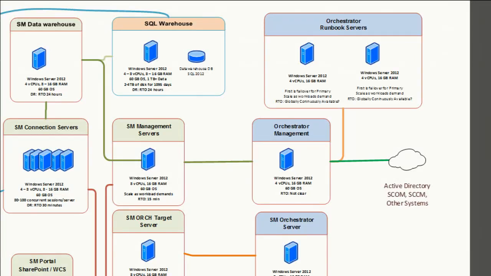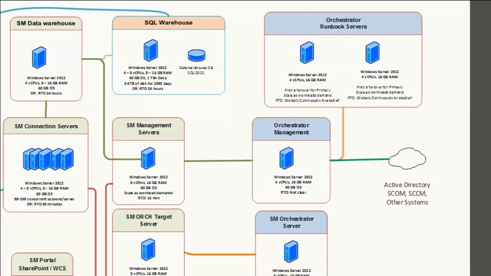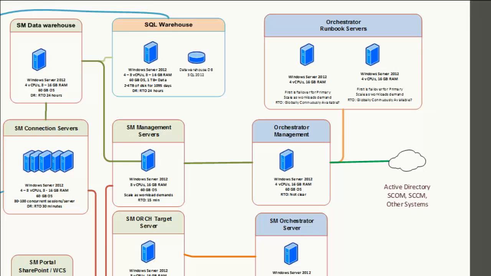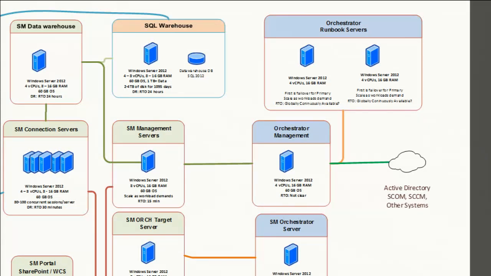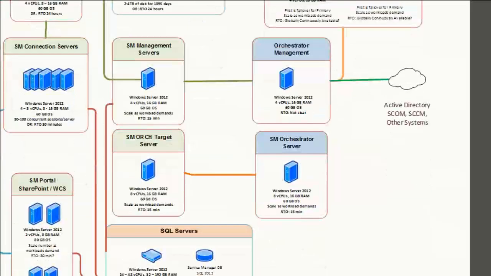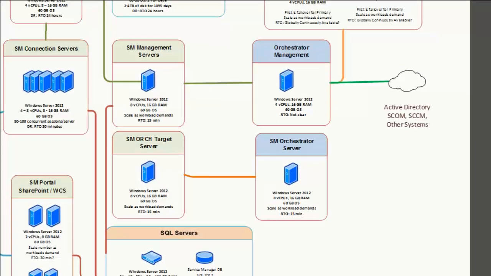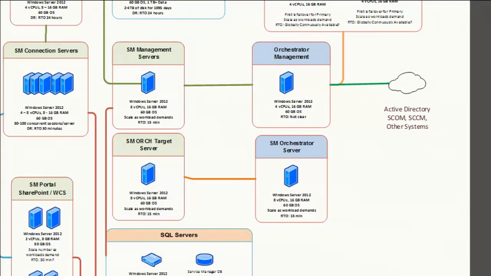But what you'll notice is that achieving scalability in that space is very difficult. So what we did is we broke out our orchestrator servers based upon what they're doing. In this particular case, you can see that I have an orchestrator management server that links to runbook servers. So I have a segmented management server that then goes and executes these runbooks at different places. But I also have an orchestrator server whose job it is to run some of my incident management processes or my initiation processes.